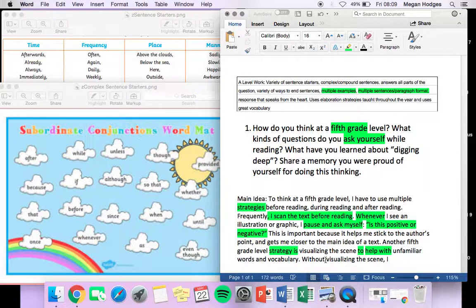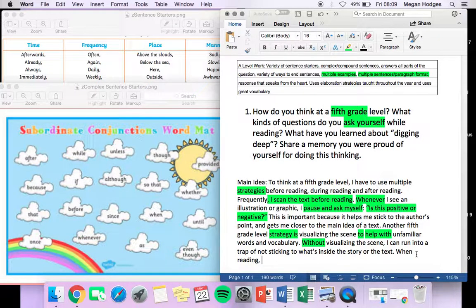So this is an awesome word you can use. Without visualizing the scene, I can run into a trap of not sticking to what's inside the story or the text. Now I'm on a roll. And here's another sentence starter.